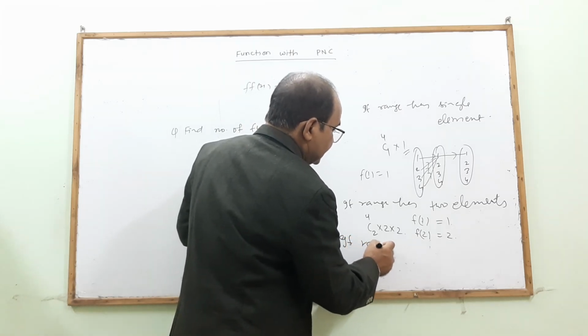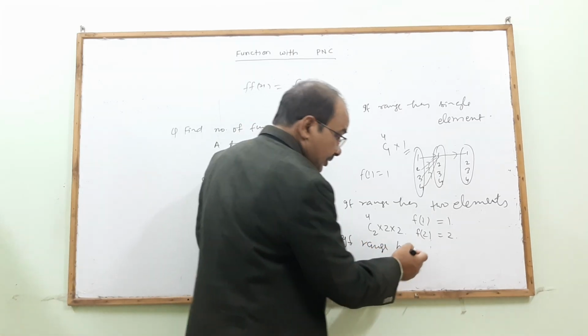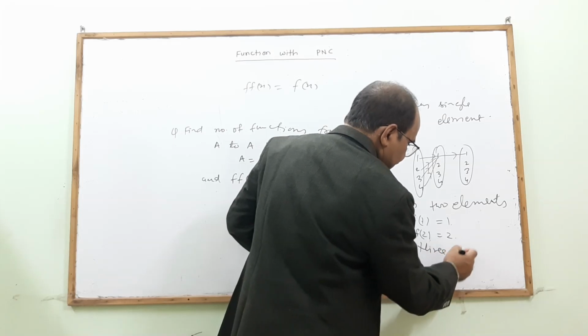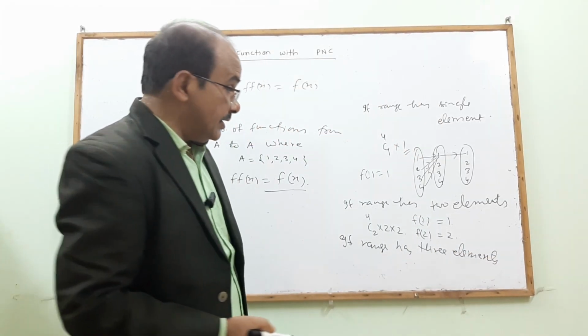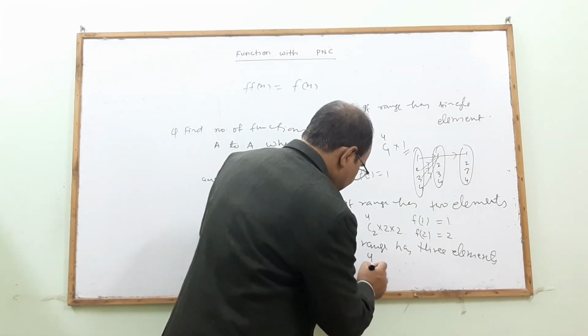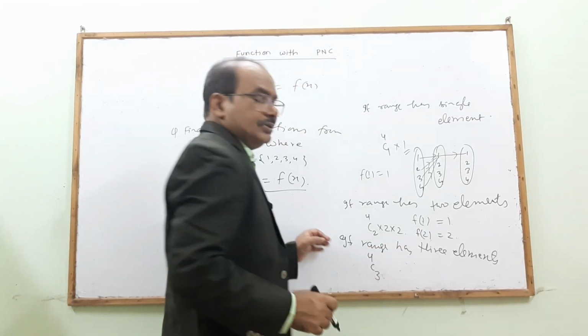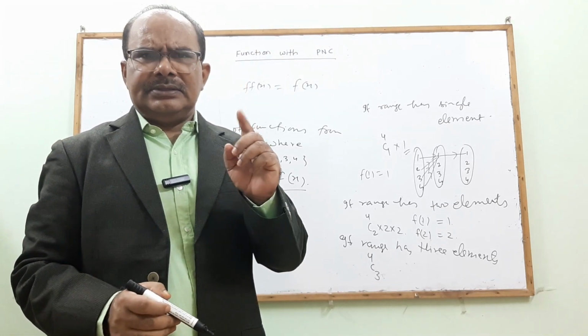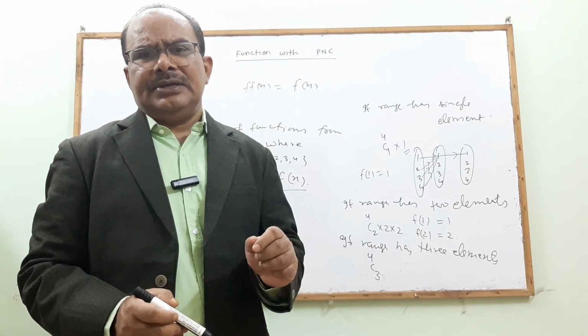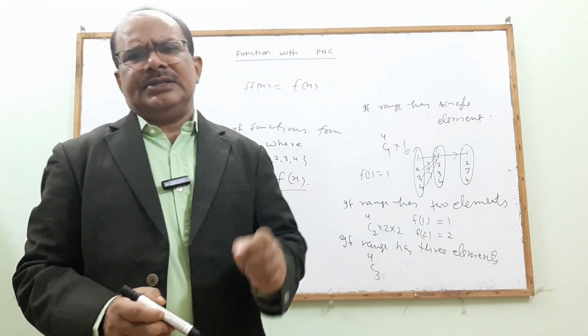If the range has 3 elements, then we first select the 3 elements out of 4 elements, and the remaining 1 element has 3 choices.